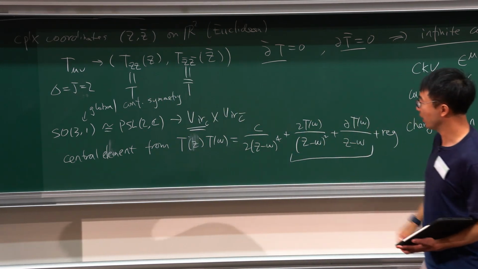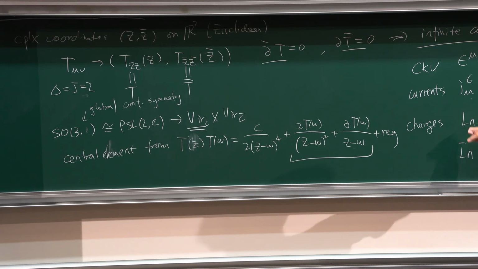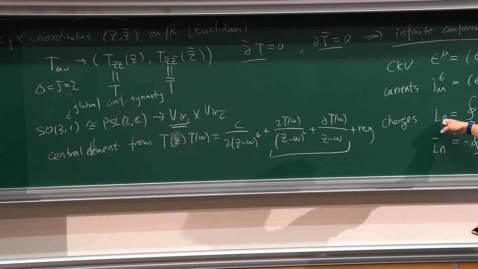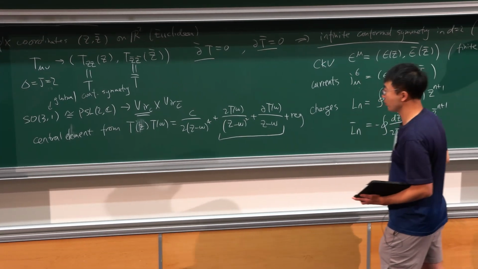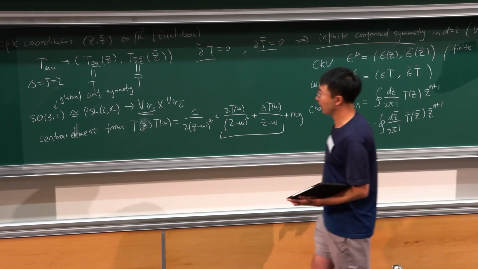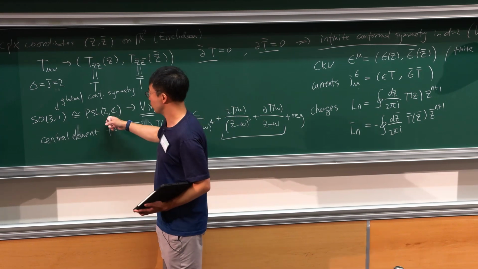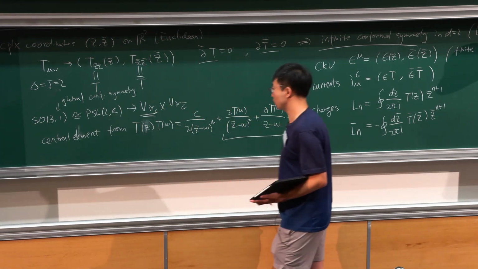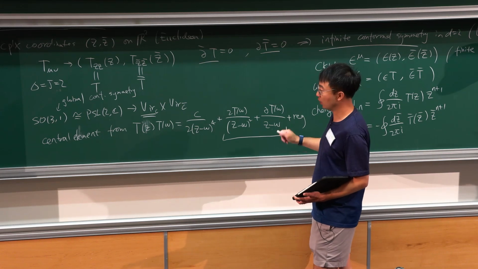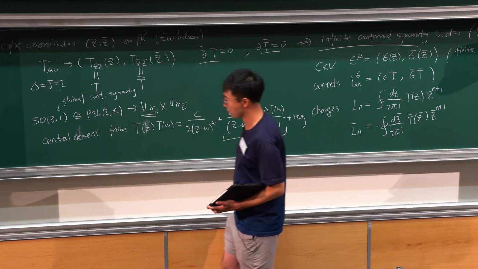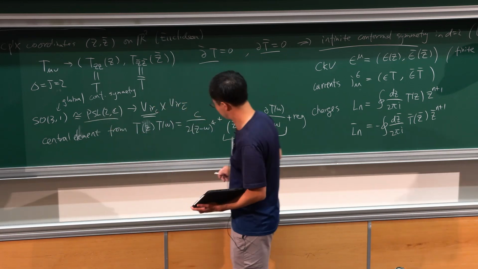Namely, if you study the corresponding charges, the commutator of the charges for n taking the values plus or minus 1 and 0 generate the subalgebra of the bigger symmetry, which corresponds to the global part of the conformal symmetry in two dimensions. This part of the OPE is crucial to ensure that the global algebra takes the expected form, namely PSL(2,C).